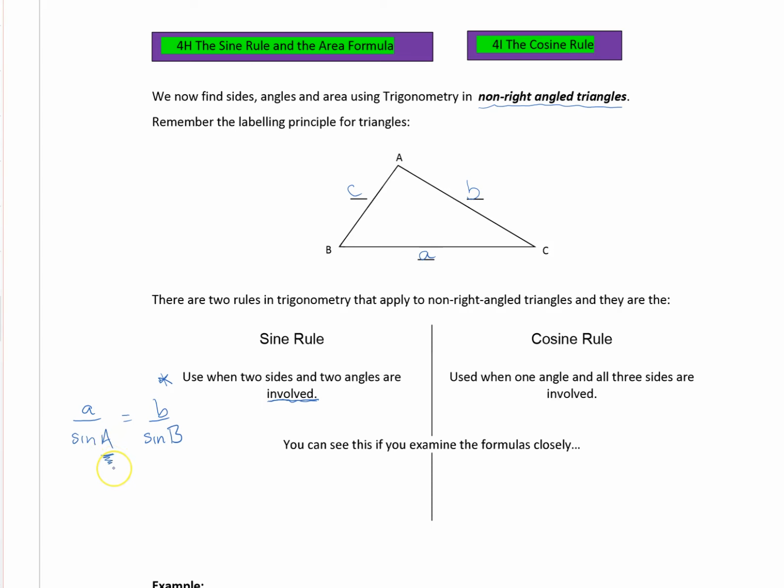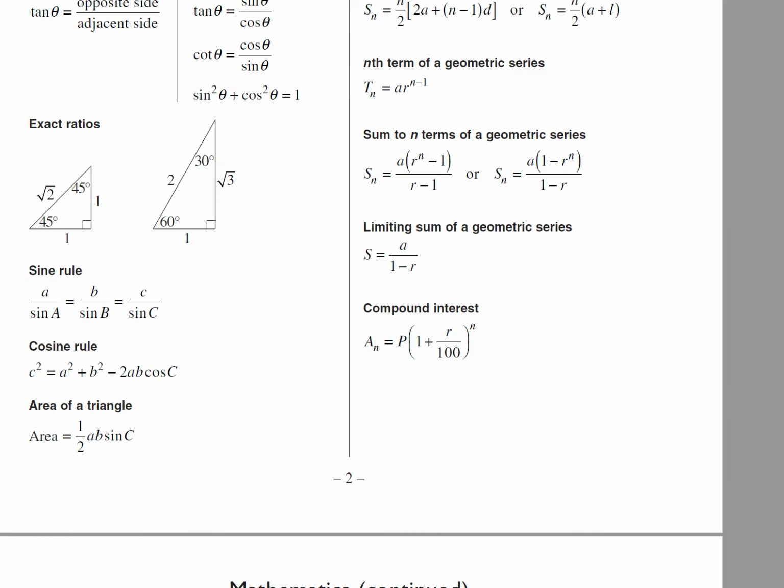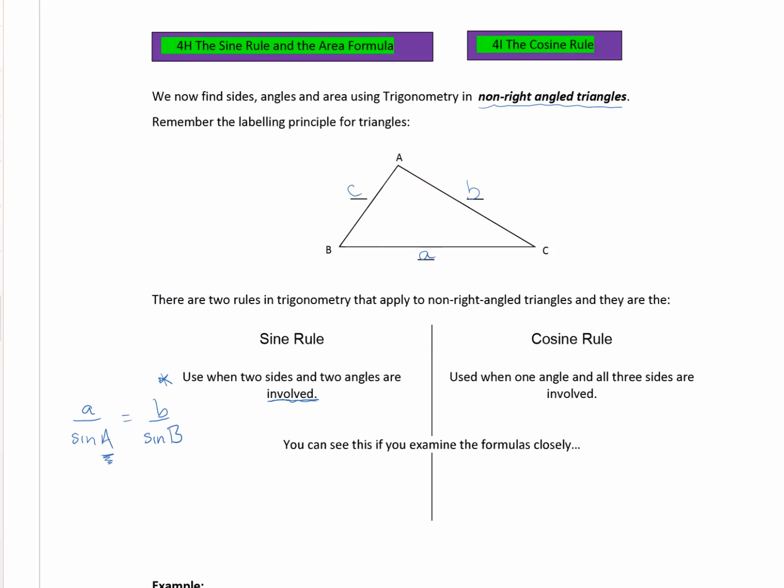Over here in the cosine rule, they give the cosine rule in this format, and from that format you can use the cosine rule to find an angle. If I write c squared is equal to a squared plus b squared minus 2ab cos c, now we've got a side, another side and another side.